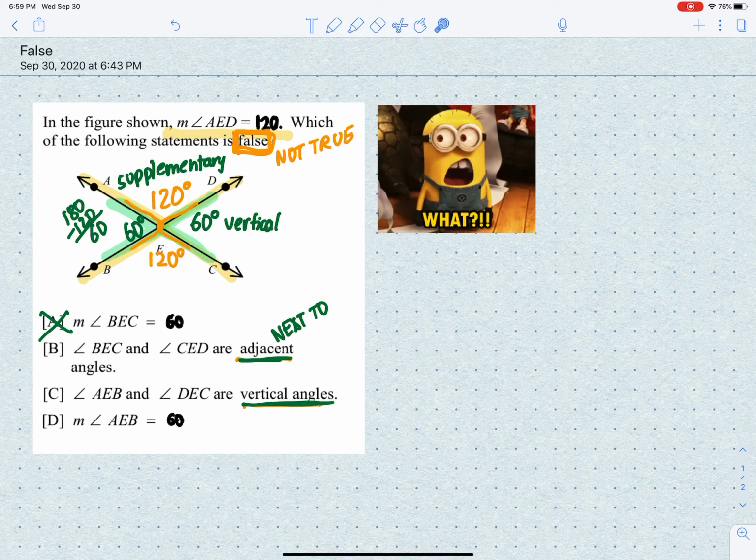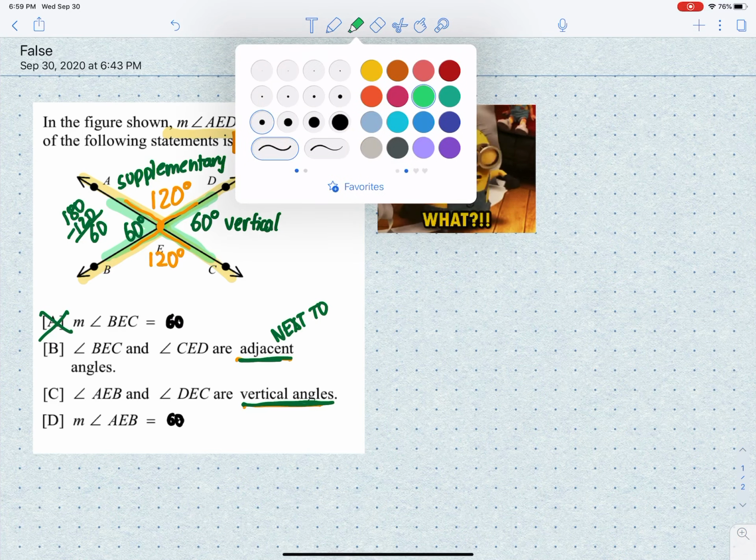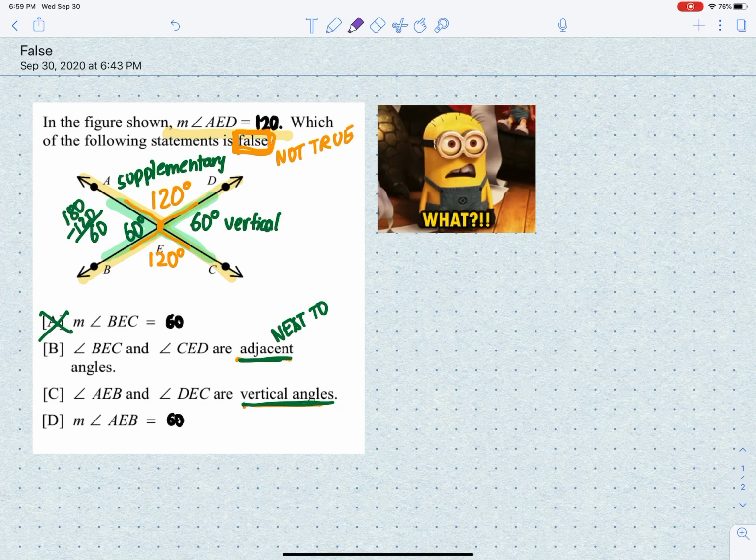Well, I kind of lost track here, so let's highlight, I guess, purple. So it says angle BEC in purple and angle CED are adjacent. Well, these two purple angles are next to each other. That's correct. So we got to cross that one out because we're looking for not true.